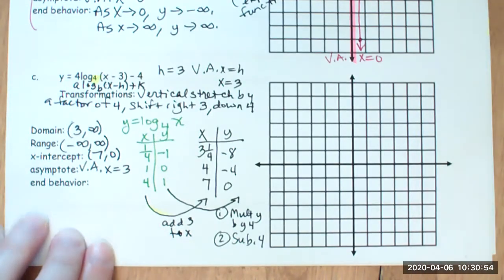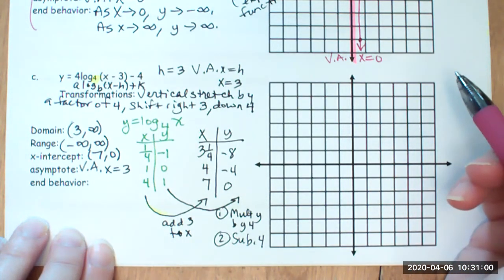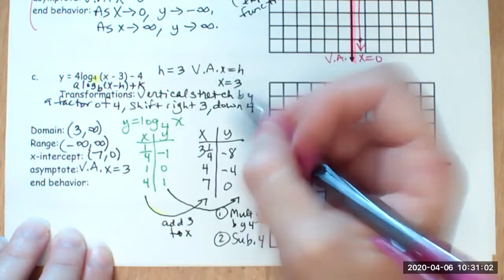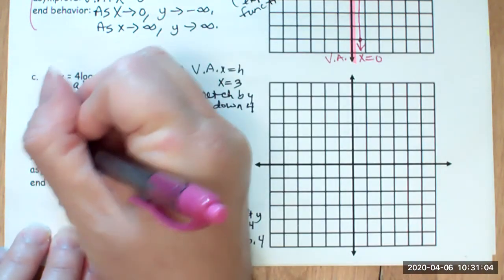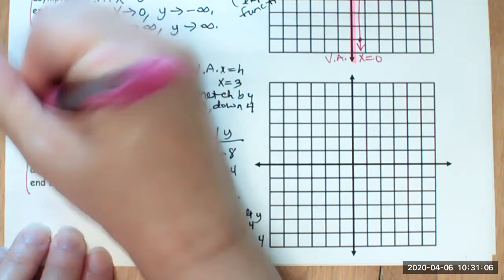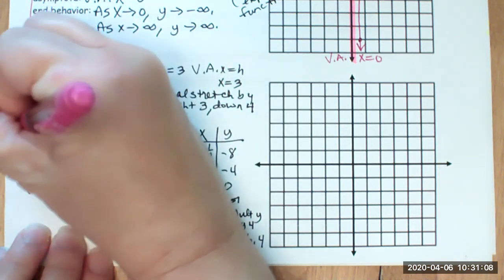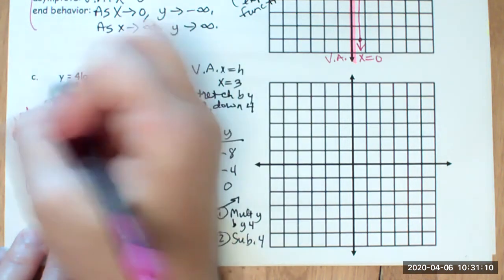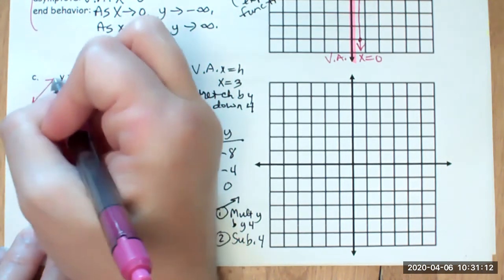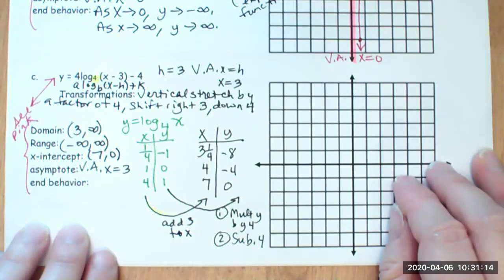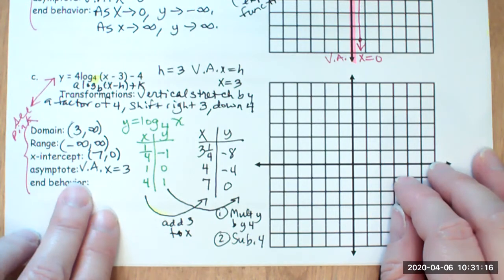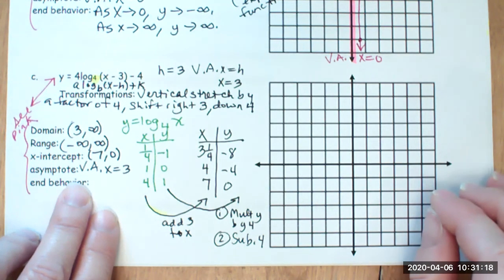So again, I'm going to do the graph in pink, and then we'll do the inverse in black. So again, let's just say we'll see pink here. And that's going to be this function. I'm just trying to be consistent from what I did before. The asymptote is at x equals 3, okay?